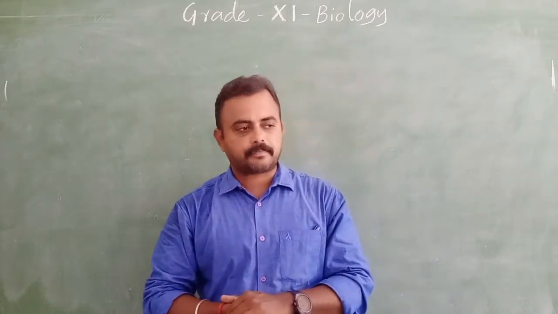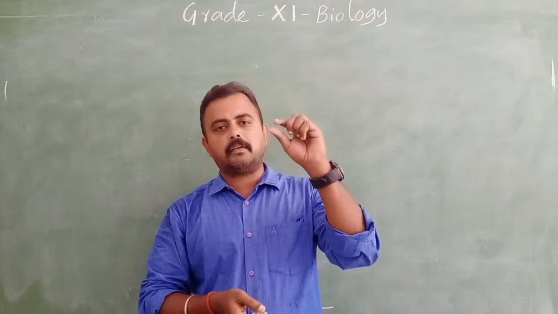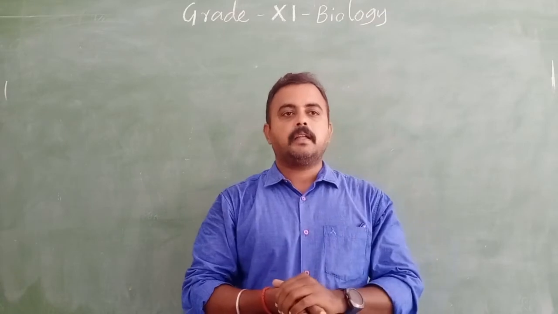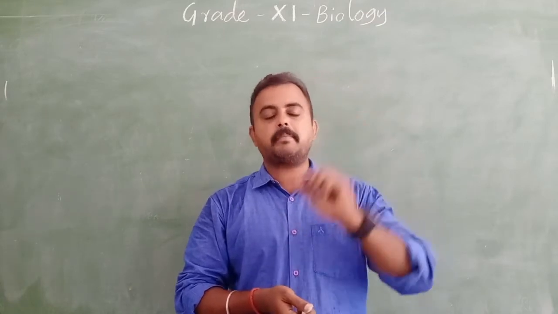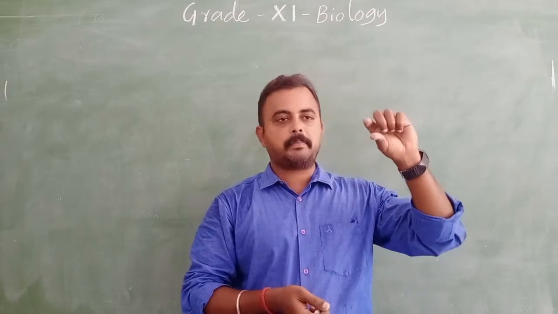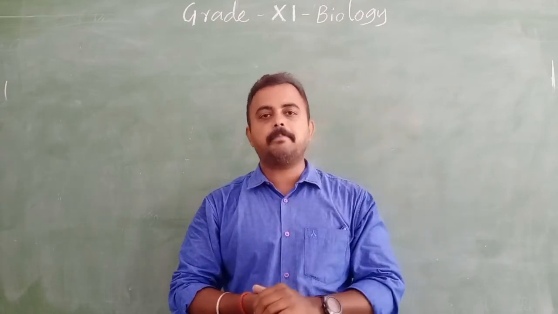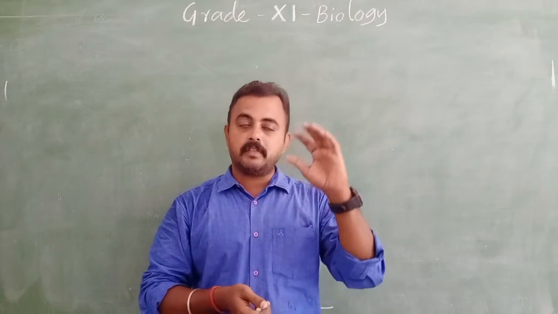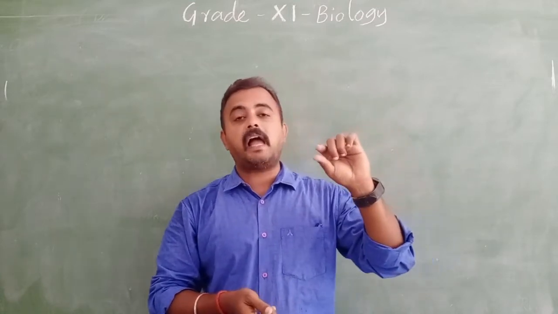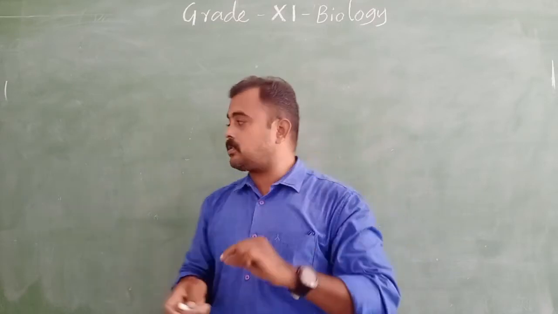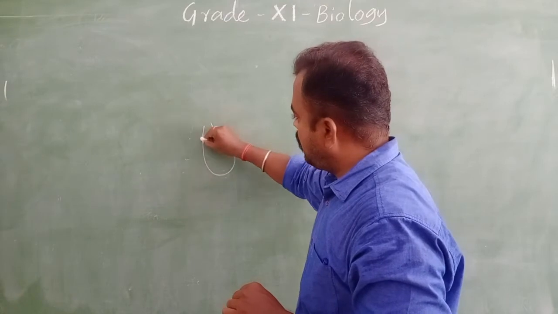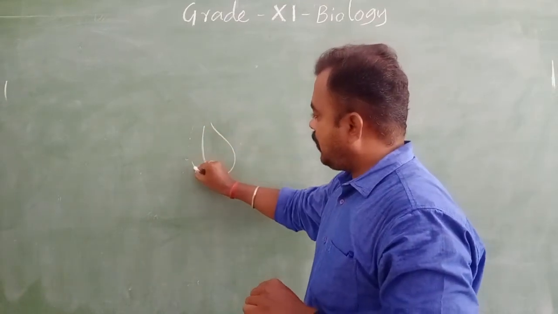Next, in the alveoli we have one membrane, that is squamous epithelium. In between the squamous epithelium and the endothelium of the alveolar capillary, the alveoli are surrounded by blood capillaries.